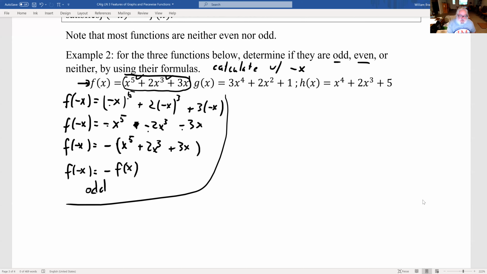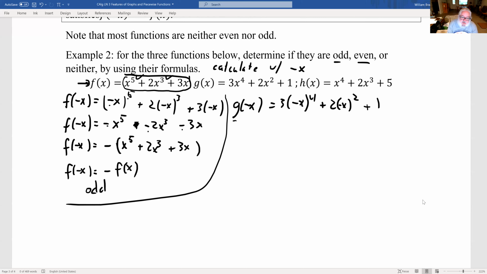So g of x, how do we calculate whether or not this is even, odd, or neither? You calculate with minus x. So that gives you 3 minus x to the 4th plus 2 times minus x squared plus 1.